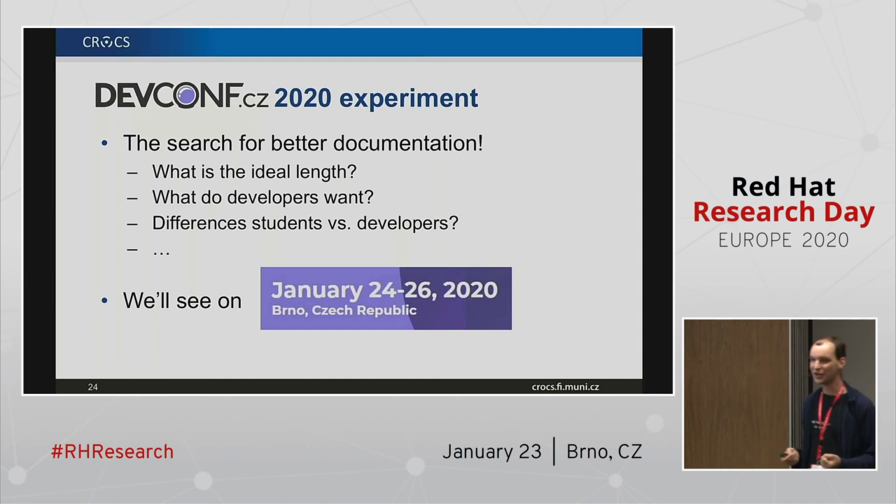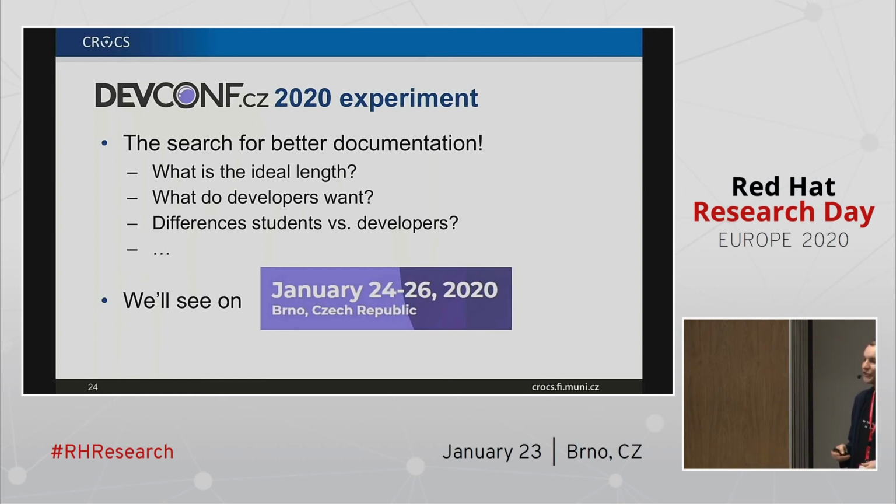And asking for better documentation, asking how long they would want the documentation to be, what they would like to be in it, whether it's more the description of what actually happened, or whether developers would also appreciate an explicit paragraph stating what the next steps should be if you want to avoid or resolve the sort of error.